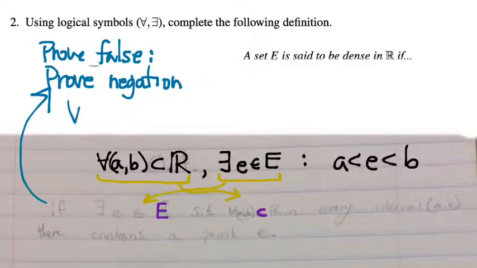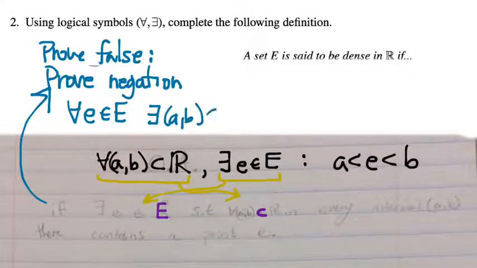Okay, so we want to prove that for all E belonging to the set E, and then what would come after that? There exists an AB, which is a subset of R, such that, and the conclusion of this definition was that AB contains a point E. So how would I finish its negation?